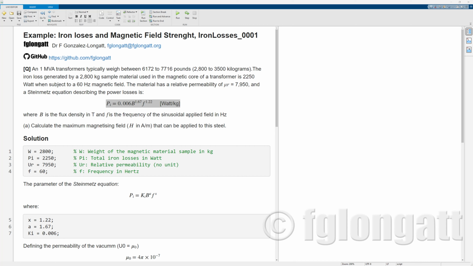Okay, as you can see over here, I am using this very useful and powerful tool from MATLAB. This is a MATLAB Live script. A MATLAB Live script is one of my favorite tools when I am teaching practical examples to my students. Basically, a MATLAB Live script allows me to include text so that I can explain my ideas to the students.